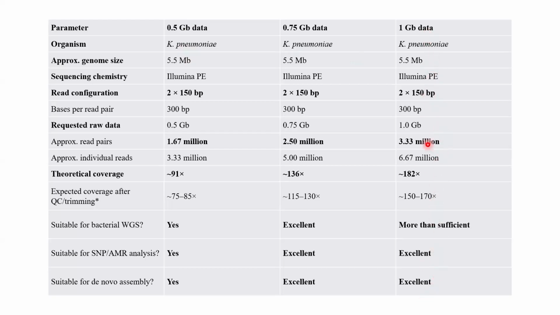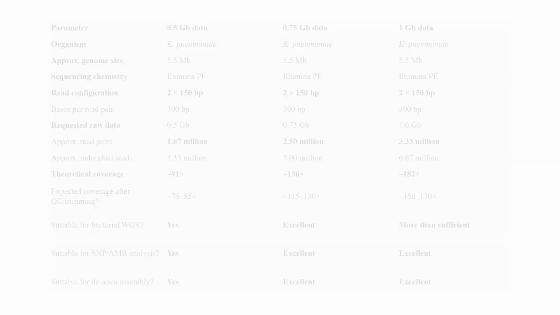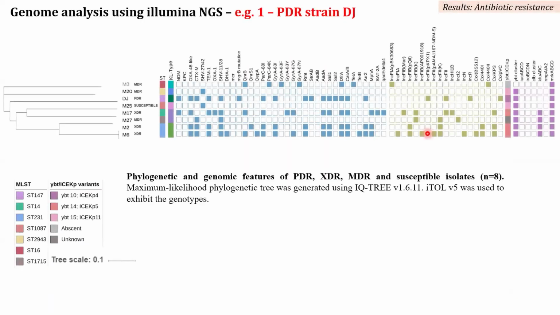And that is when, if at all, there is any novelty in the genome or any variant in the AMR genes, only then we will have some confidence with this kind of data. And only then we will know which isolate should proceed for Oxford Nanopore or long read. Now remember, we are doing this because we don't have money. If we had enough money, we could do hybrid for all our isolates.